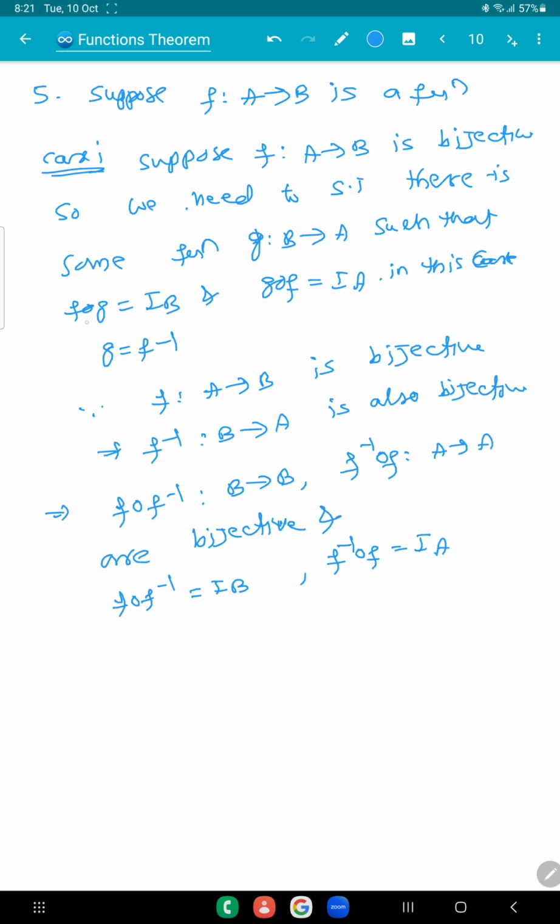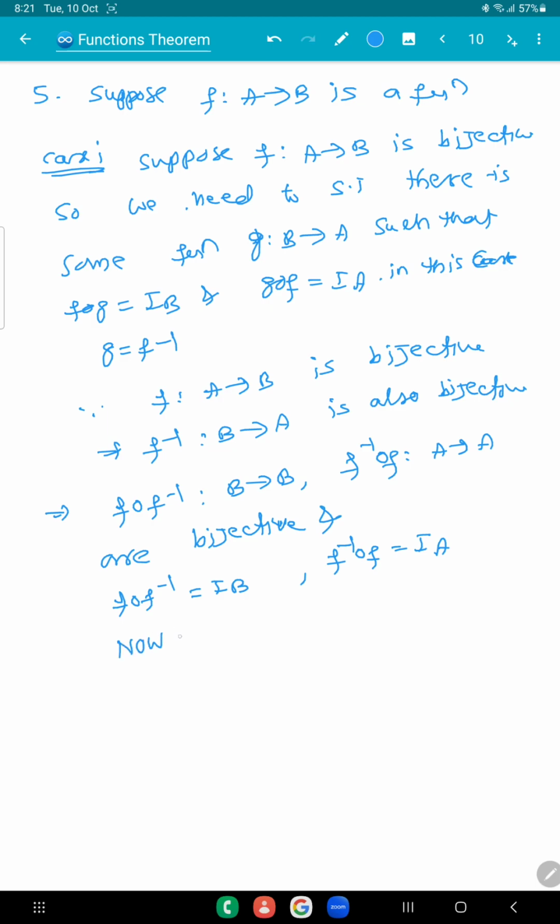Therefore, we need to show that there exists some function g from B to A such that this holds, right? So instead of g, just imagine F inverse. The function we are searching for is nothing but F inverse. There exists a function, and that function can be anything, so I am taking that as F inverse.